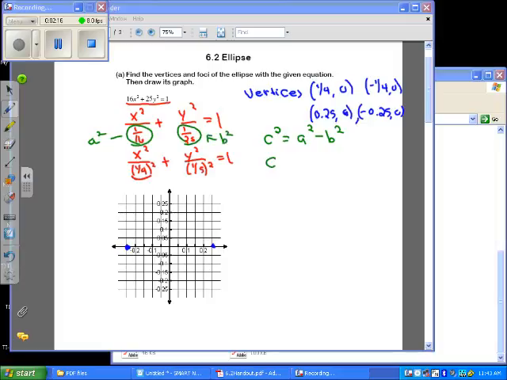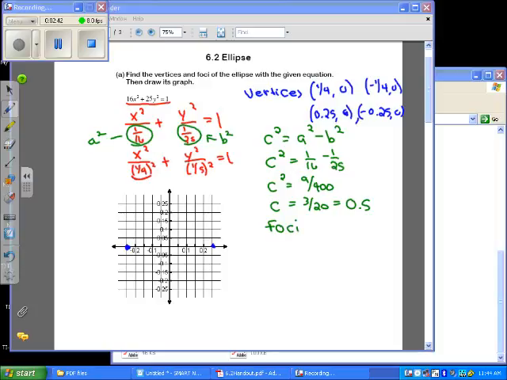So c squared is equal to 1/16 minus 1/25. If you go ahead and simplify that, it comes out to be 9/400. So c is equal to 3/20, or if you prefer that in decimal form, it's 0.15. Okay, so here's my foci.